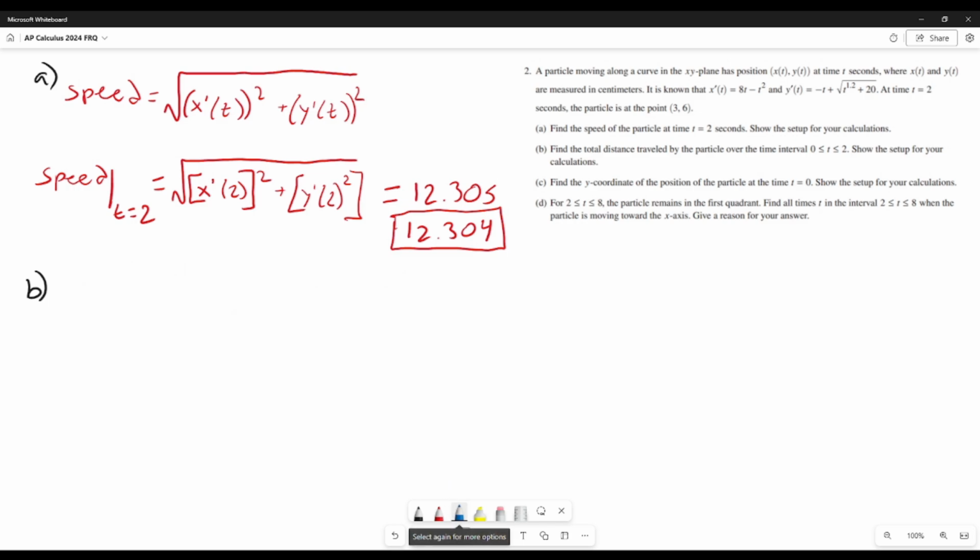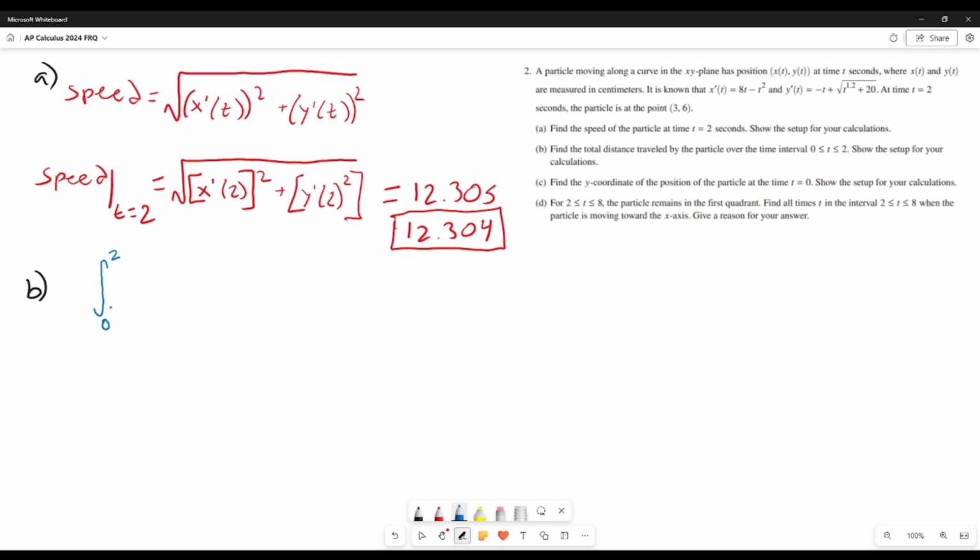All right, moving into part B, find the total distance traveled by the particle over the time interval 0 to 2 inclusive. Show the setup for your calculations. So remember, when you are working with parametrics, the total distance traveled, or the arc length, over an interval is simply going to be the integral from the beginning to the end of that interval of the speed of whatever it is you're tracking.